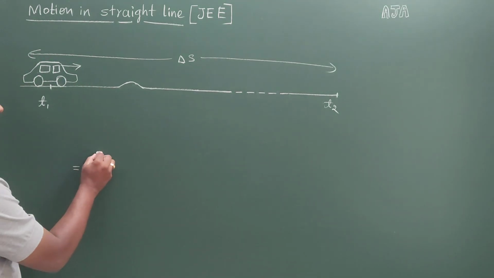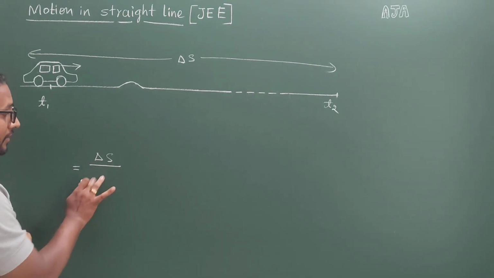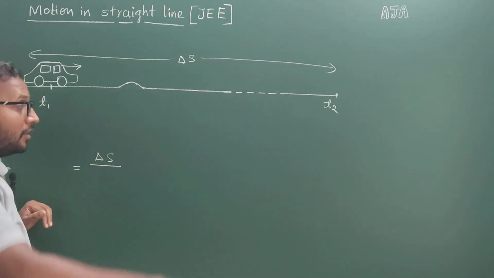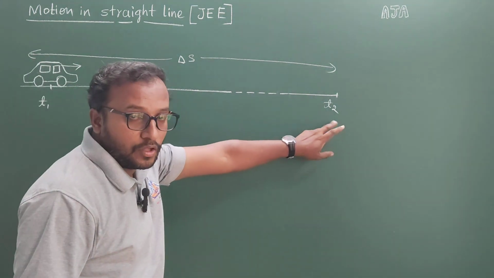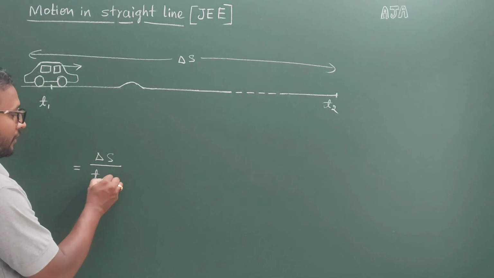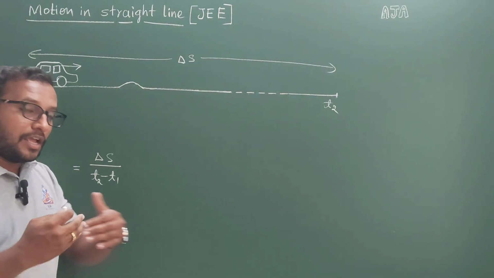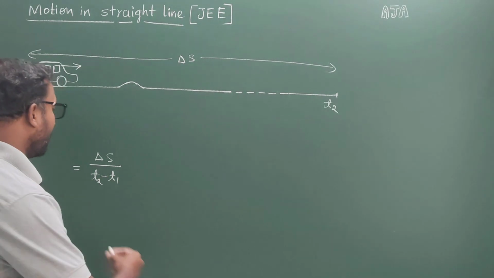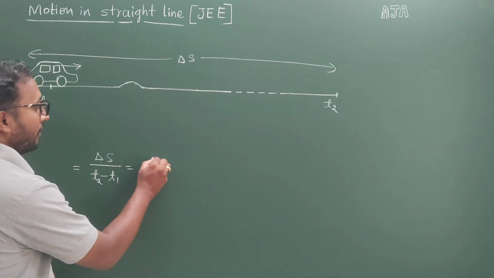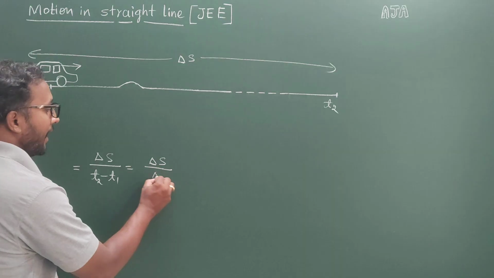Now, how to calculate? If you calculate the ratio of the distance covered by the car divided by the time taken, the time interval to reach from here to here, okay, the total time for the journey. You can calculate the total time for the journey as t2 minus t1. T2 minus t1 will give you a time interval for the journey. You can also write this as delta S divided by t2 minus t1, which is delta t.